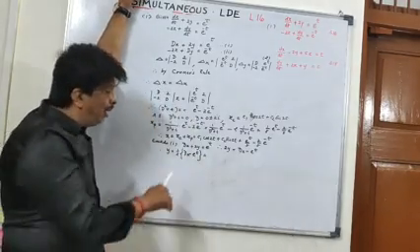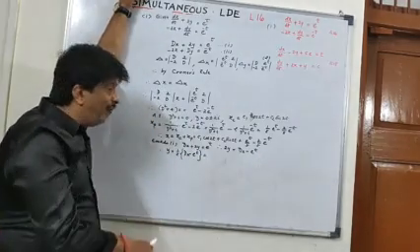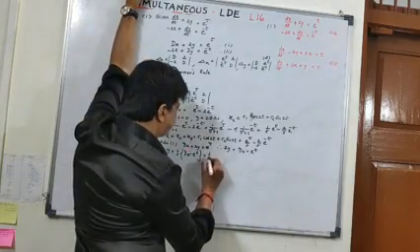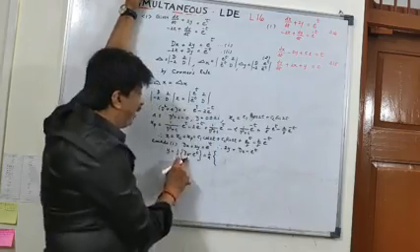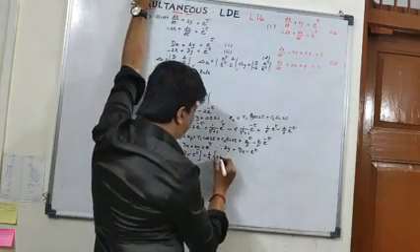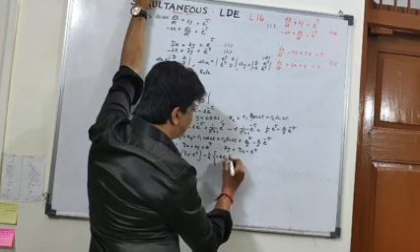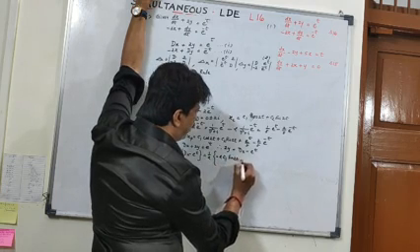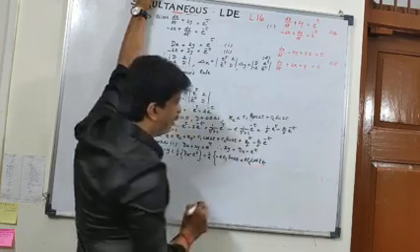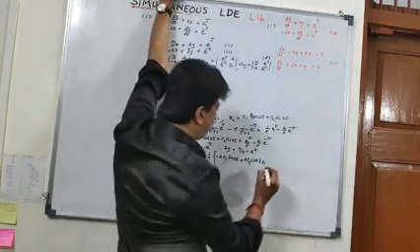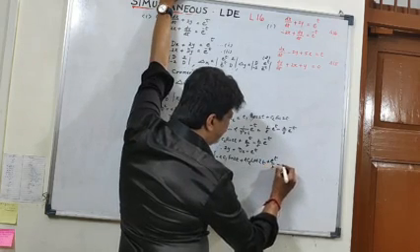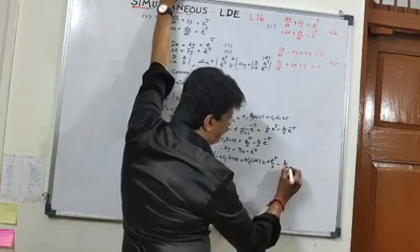Now find out the value of dx, d by dt of x. X is this, 1 by 2 times d by dt of x, the derivative of this: c1 cos 2t minus 2 c1 sin 2t plus 2 c2 cos 2t, derivative of sin 2t. Derivative of e raised to power t is e raised to power t by 5 minus 2 by 5.